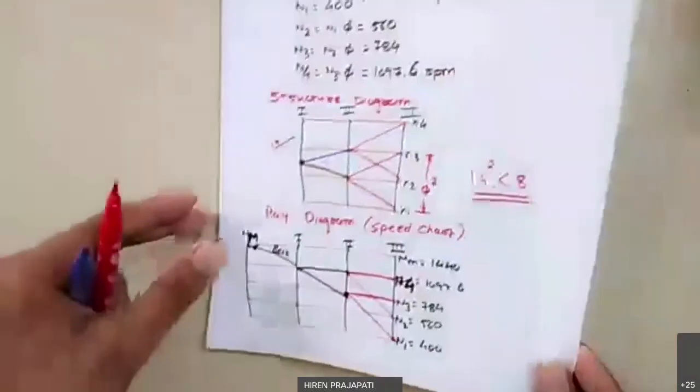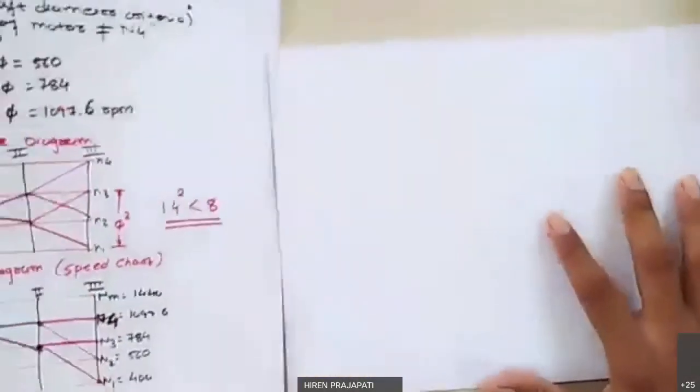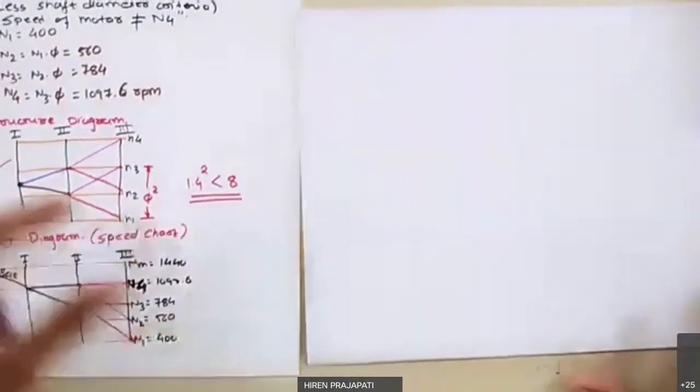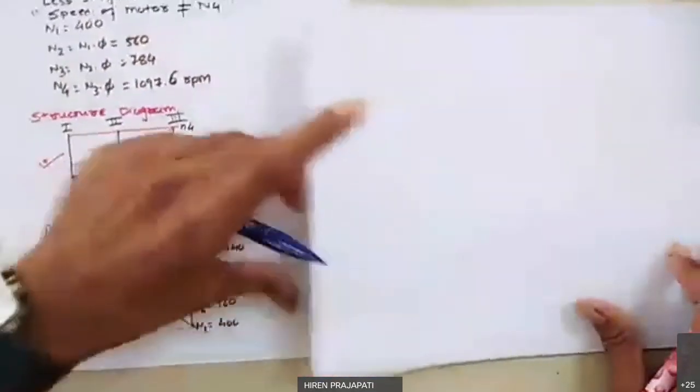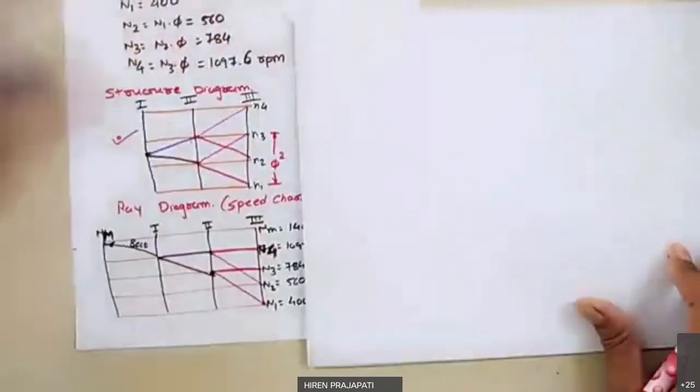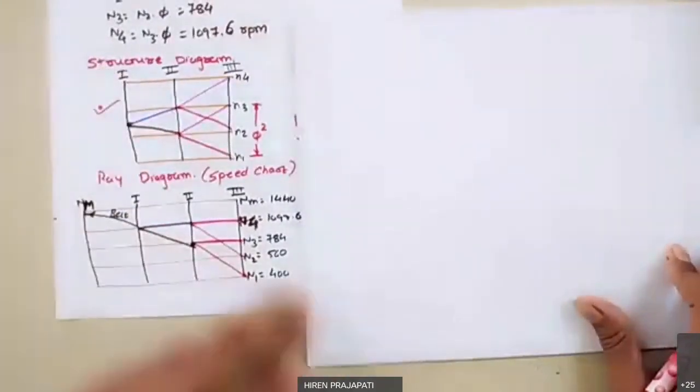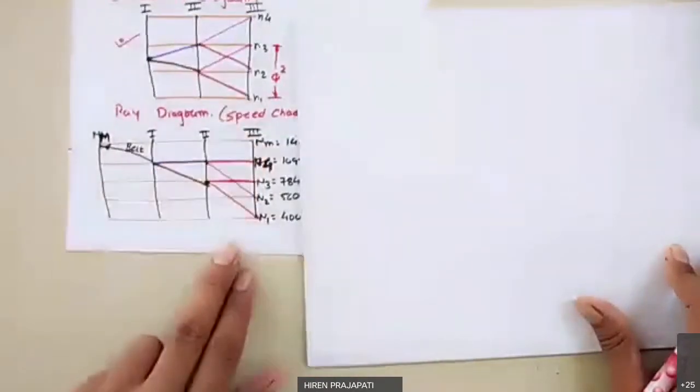Now based on this, let us draw the gearbox layout. I am drawing the gearbox layout based on the speed chart or ray diagram. So this is our ray diagram, and we are keeping this as a reference.